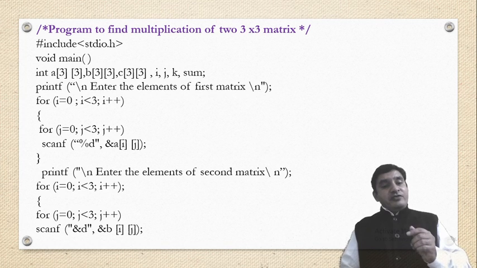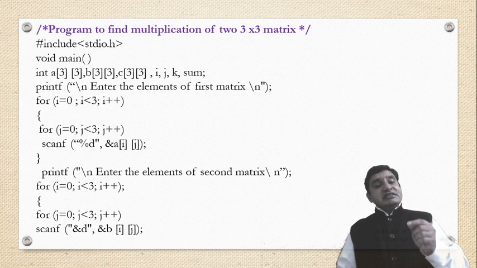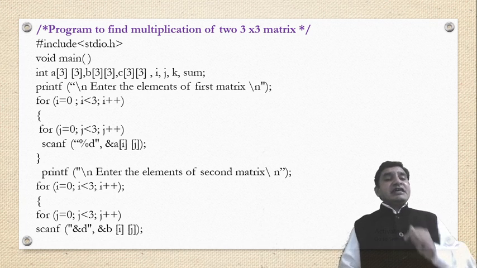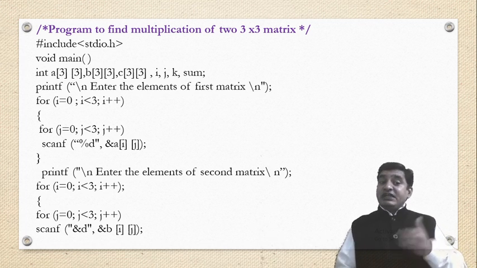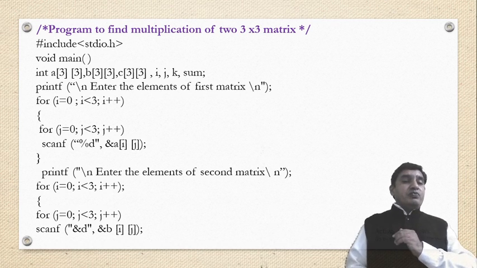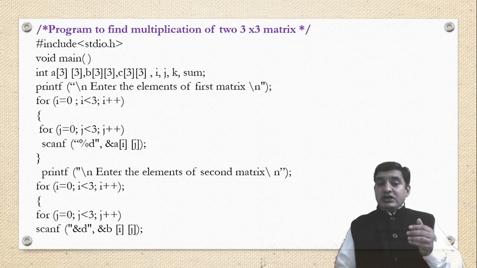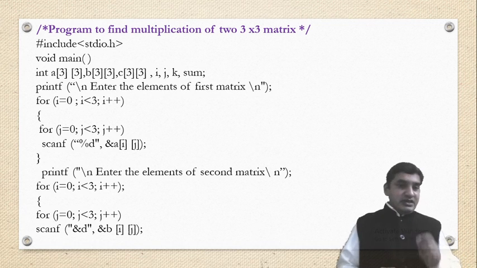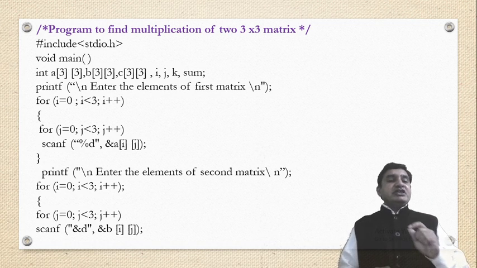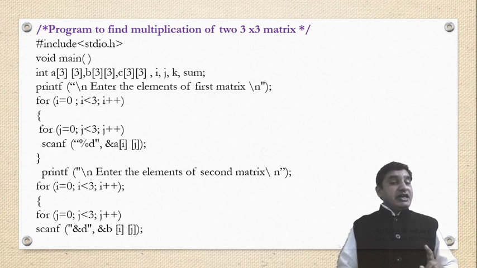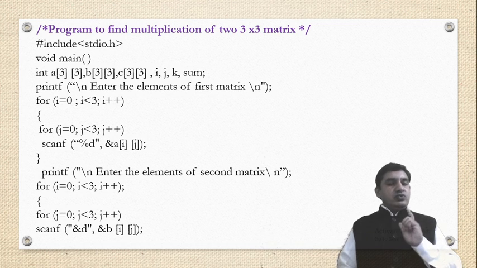If this condition is satisfied, then the inner loop is executed. But if this condition is not satisfied, then the execution of the program goes outside the loop. Now for j is equal to 0, j is less than 3, j is incremented. It indicates that the value of j is 0, 1, 2.